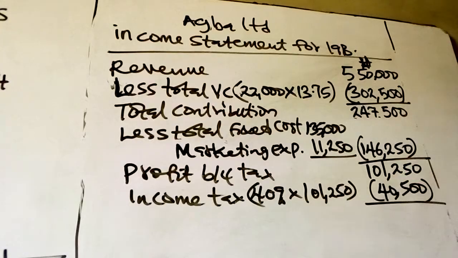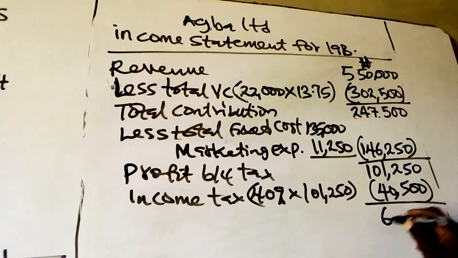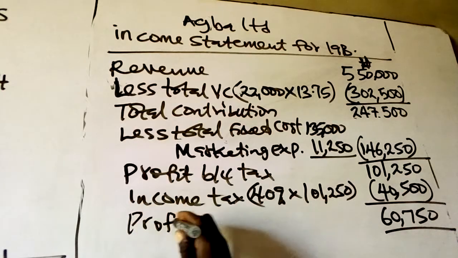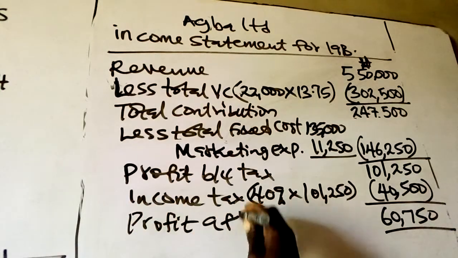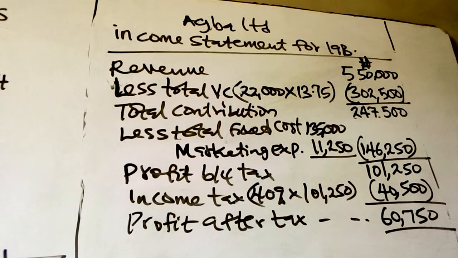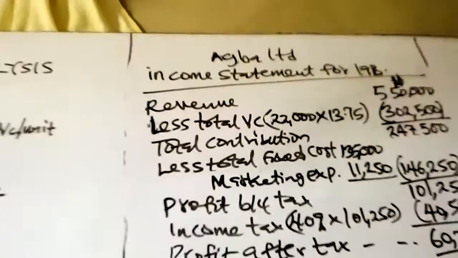If you now less 40,500 from 101,250, then the net difference will be 60,750. That is profit after tax. So that is requirement C.